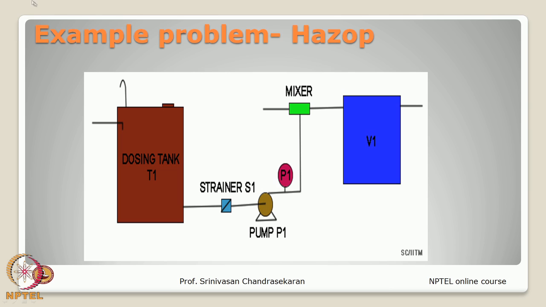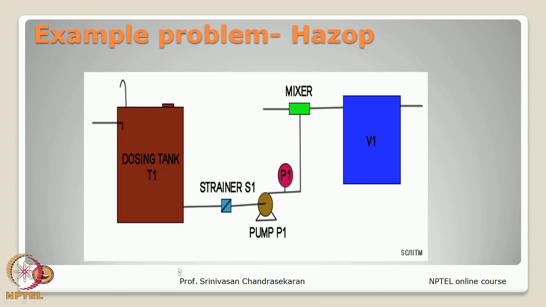This dosing tank T1 is now going to supply to the tank V1 through the strainer, because the dosing tank T1 receives input from some external source which may have some particles which may not be admitted or desired at the tank V1. Therefore, I put a physical strainer here which prevents the floating large bodies present in the chemical input in the dosing tank T1.